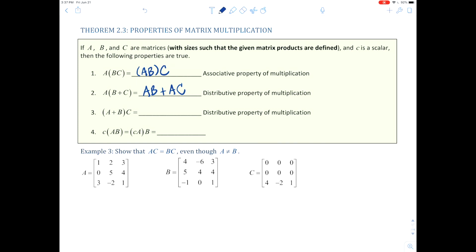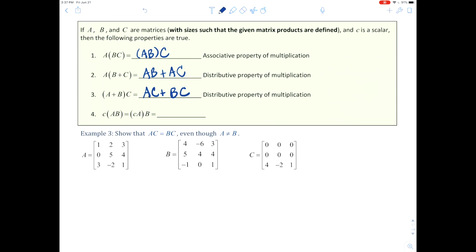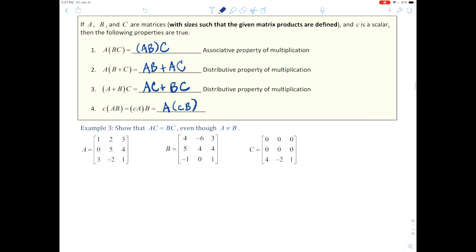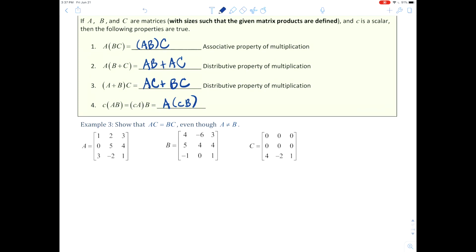All right, so over here, same idea: A times C plus B times C. And then a scalar times a product AB is equal to the scalar times A, that quantity, times B, which happens to also be equal to A times the scalar times B. Cool, cool.